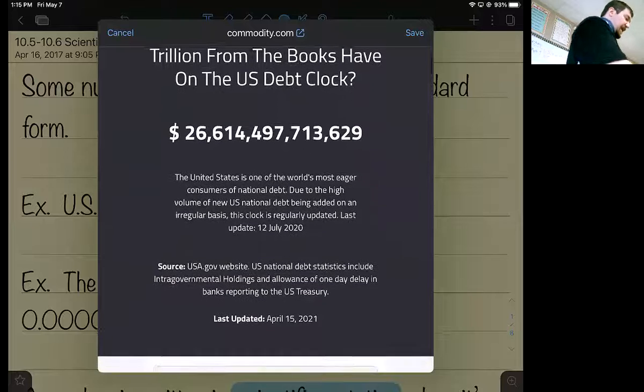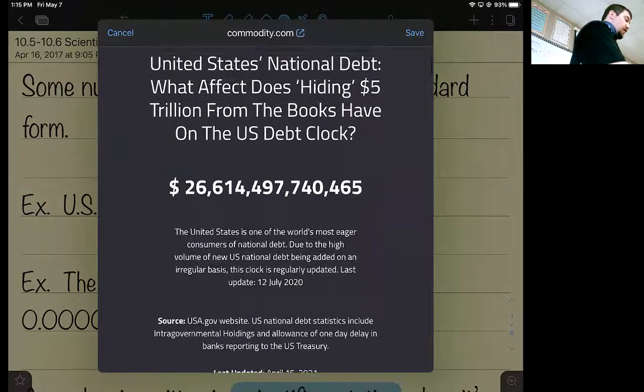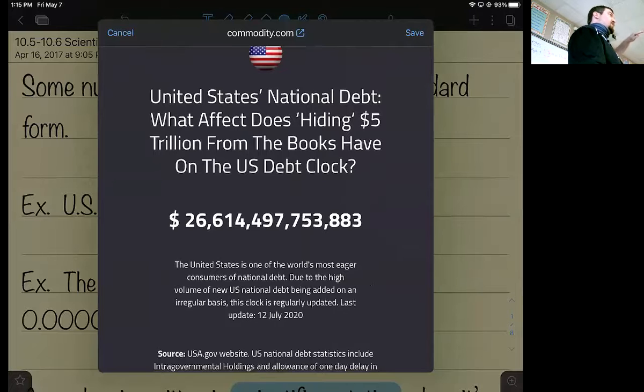Now, this was last updated in April 15th of 2021. It is May. So obviously you can see that that's the projected each second. We're projecting that much more national debt. Of course, that's probably going to increase considering all the stimulus packages and stuff that have been coming out these last couple months because of the COVID virus. So we're very much in debt as a nation.